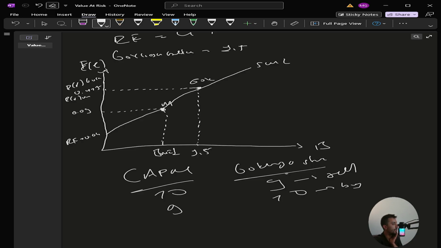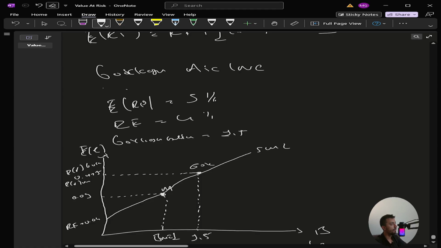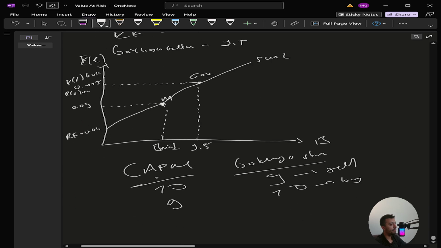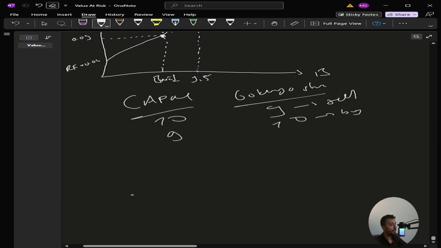In the previous example, we calculated the rate of return. By the way, this 11.5 percent is our CAPM result. I didn't calculate it; I just assumed random numbers.